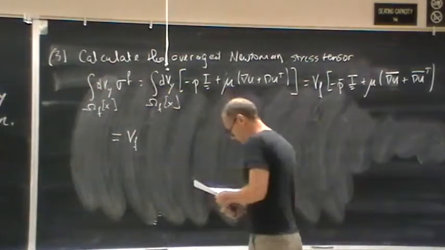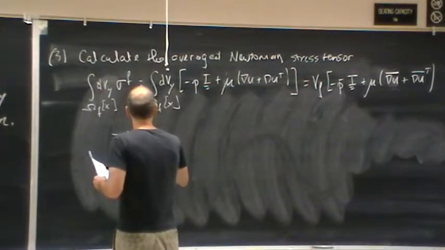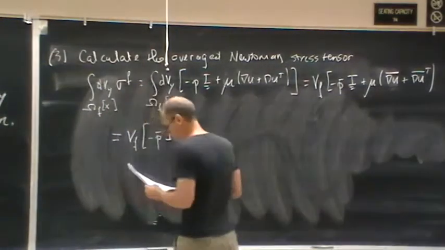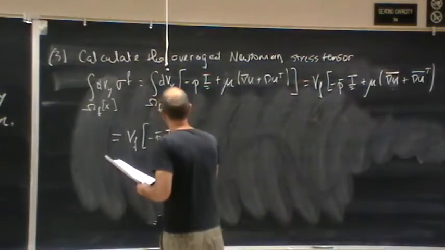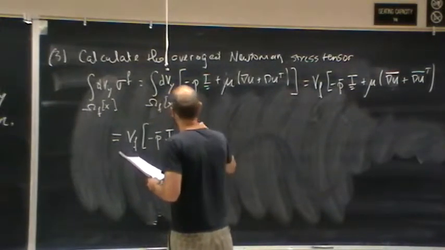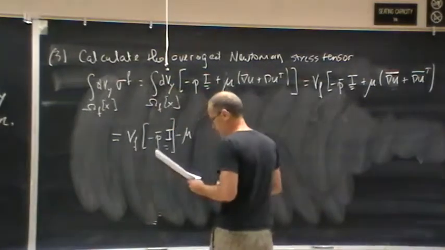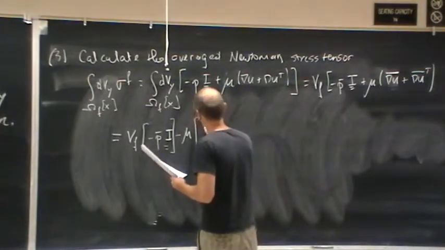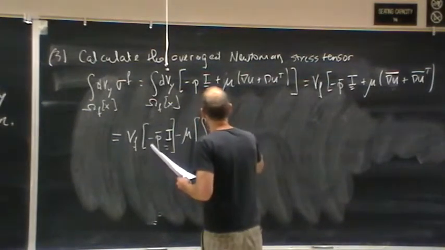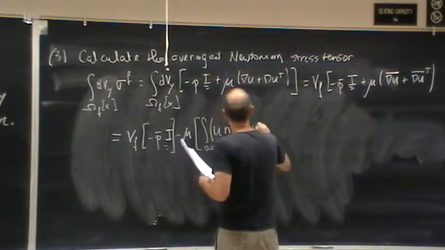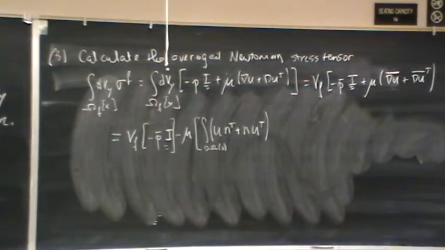But the halfway step to this is that this is Vf times minus P bar identity, minus mu, the integral over delta omega of x of u n transpose plus n u transpose. That's finally some divergence theorem thing, right?